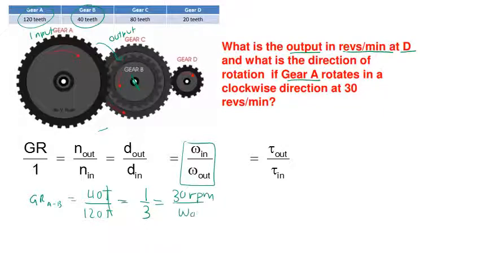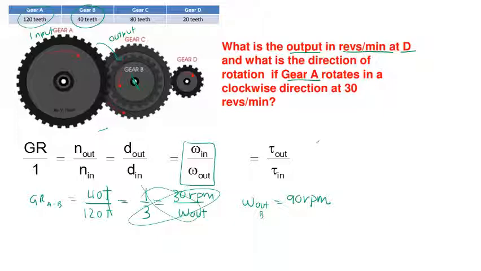And we don't know the angular velocity of the output. We cross multiply, and we solve that the angular velocity out, of B, is equal to 90 RPM. All right. So that's going to be important for us.